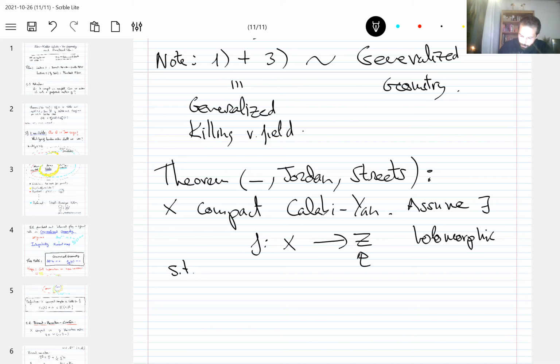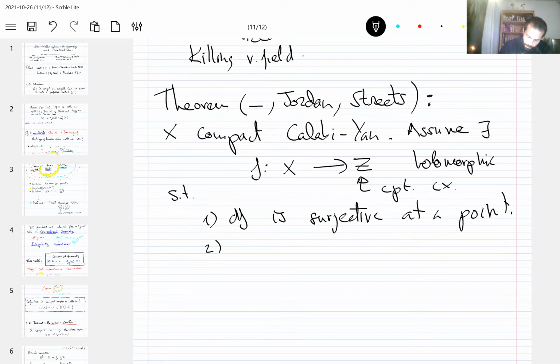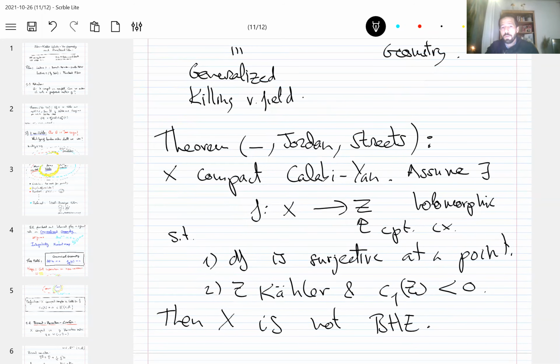Here Z is some compact complex manifold, such that df is surjective at a point, and Z is Kähler and has negative first Chern class, then X is not bi-Hermitian, meaning that it does not admit any bi-Hermitian metric.